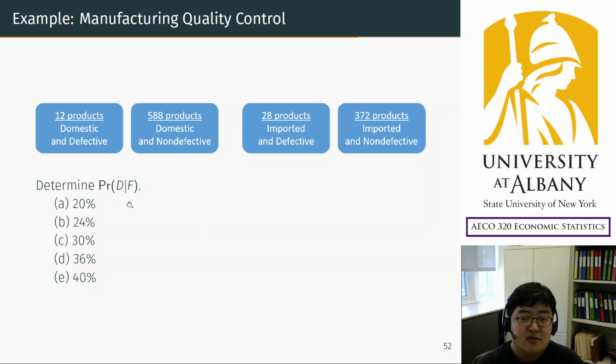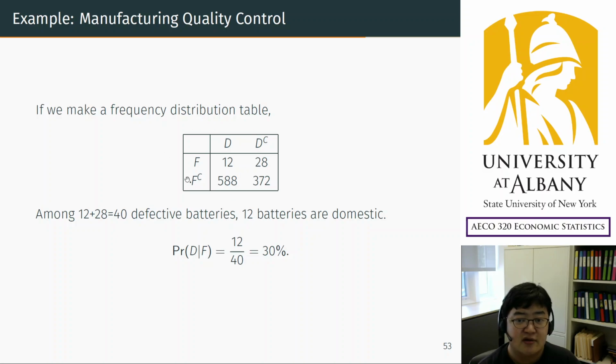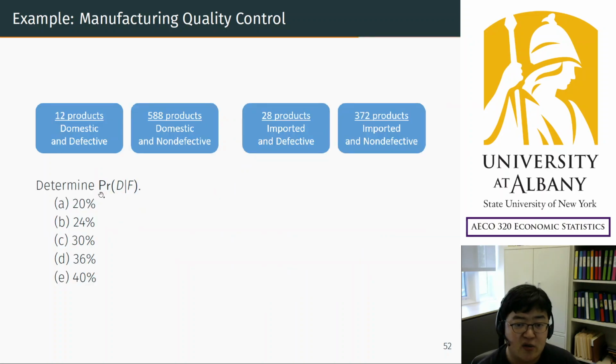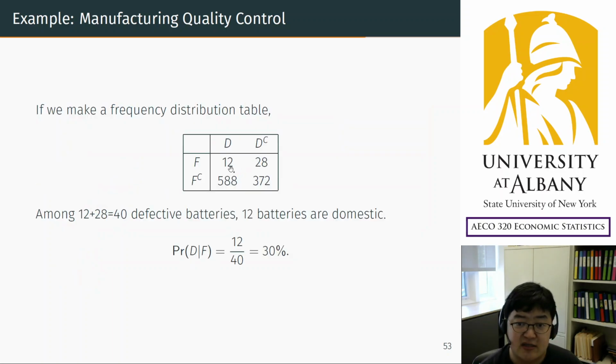Okay? So, again, these four categories make the full table, the probability distribution or frequency distribution table, and we are calculating D given F. The condition is F. That means you don't need these numbers.